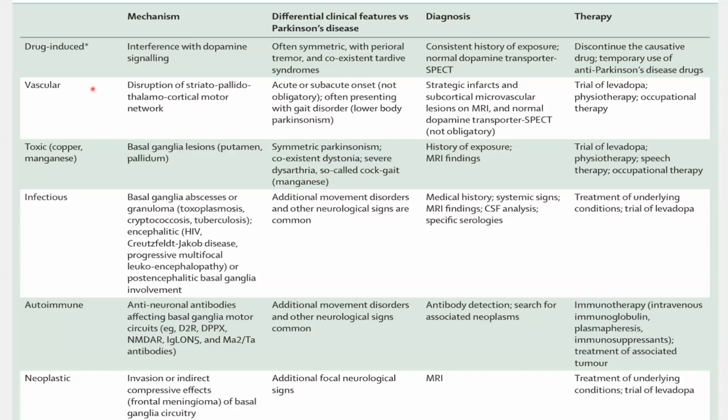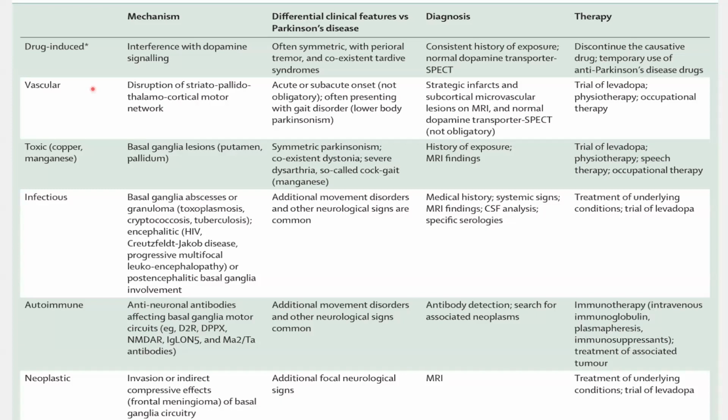So for secondary causes, as a physician, as a medicine resident, you should always know secondary Parkinsonism, because in the emergency most of the people will see these kinds of causes. The drug-induced are most common, that is, psychiatry follow-up patients develop Parkinsonism, most commonly secondary to antipsychotic drugs. Then vascular Parkinsonism, and toxins, predominantly copper and manganese-induced basal ganglia lesions, which also cause Parkinsonism.